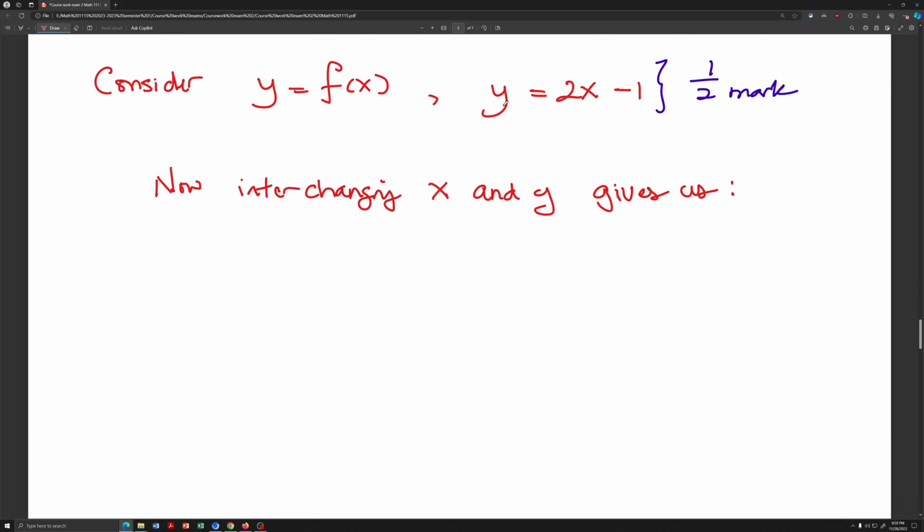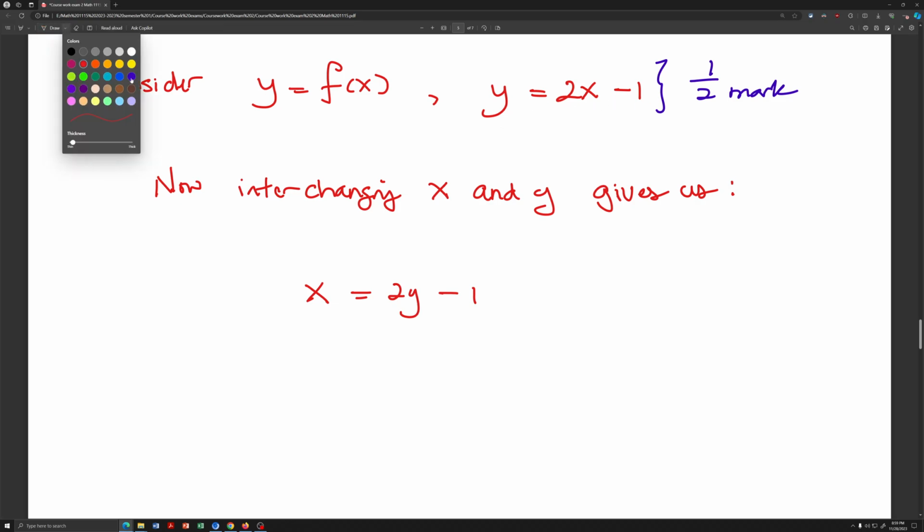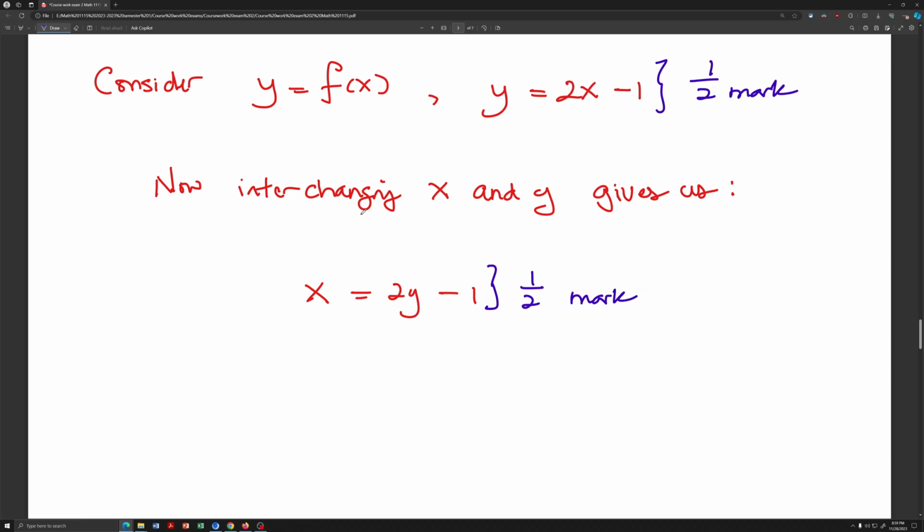So wherever I see x here in this equation, I put y, and wherever I see y, I put x. So I'm going to say that x is equal to 2y minus 1 by taking this equation here, right? Just for writing that, I'll also give myself a nice half mark. So it tells me that I know exactly what I'm doing.